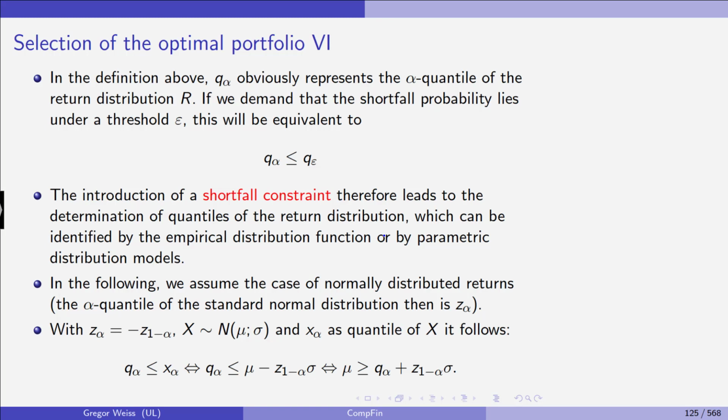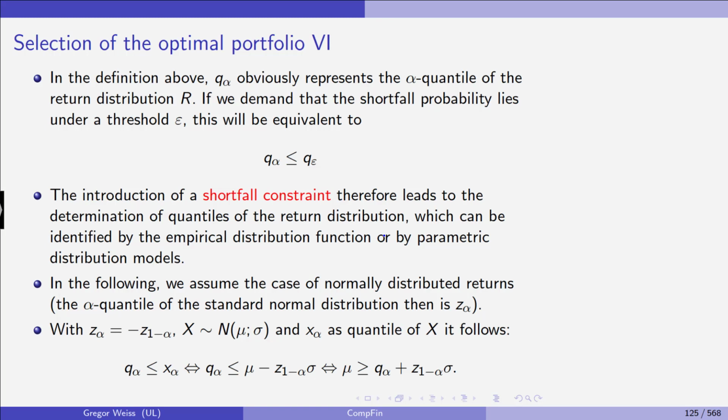And you might remember this either from quantitative risk management or the financial risk management class in the bachelor's program. You can use an empirical distribution, you can use a parametric one, you can also use Monte Carlo simulation to come up with an estimate for your shortfall constraint, for your value at risk, for your expected shortfall.